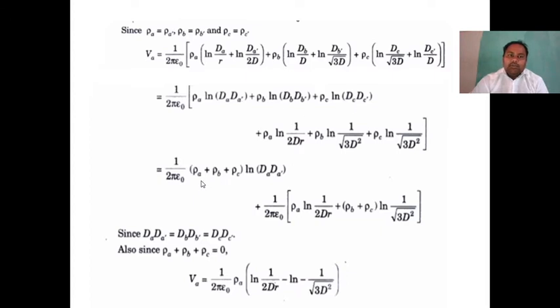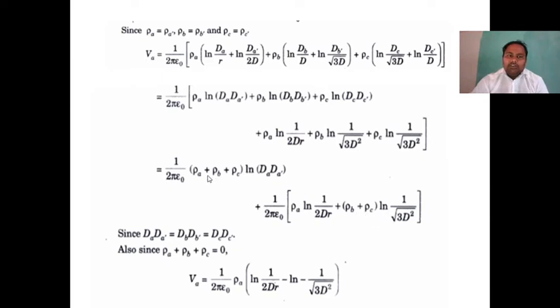So I take a common rho A plus rho B plus rho C of log dA dash, plus 1 by 2 pi epsilon naught rho A log 1 by 2Dr, plus take rho B and rho C as common, because they have the same magnitude: rho B plus rho C log 1 by root 3 D square.